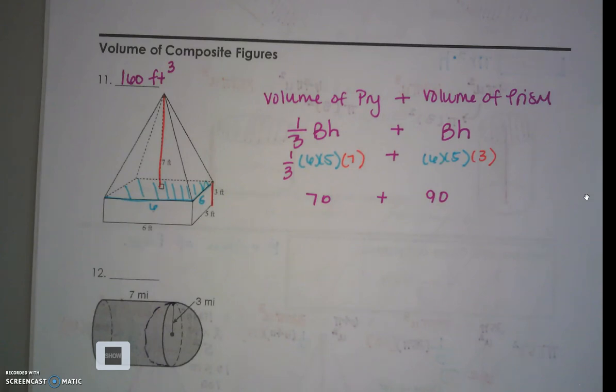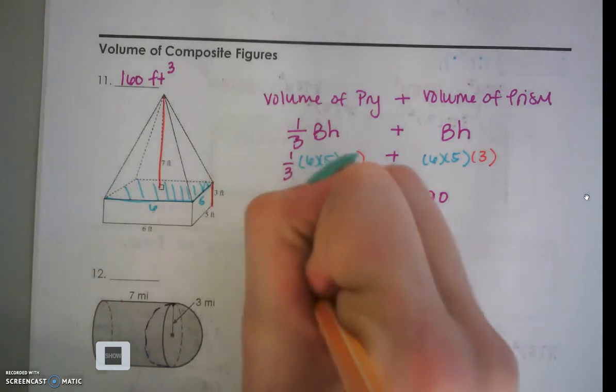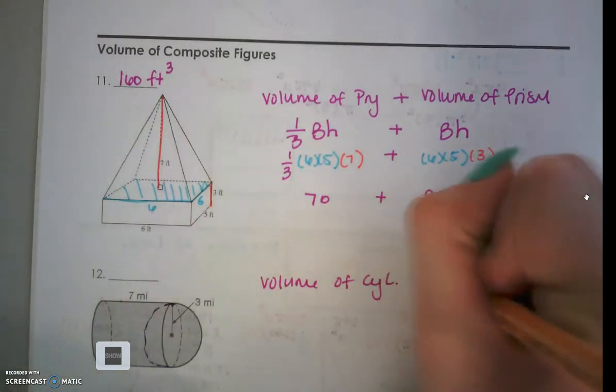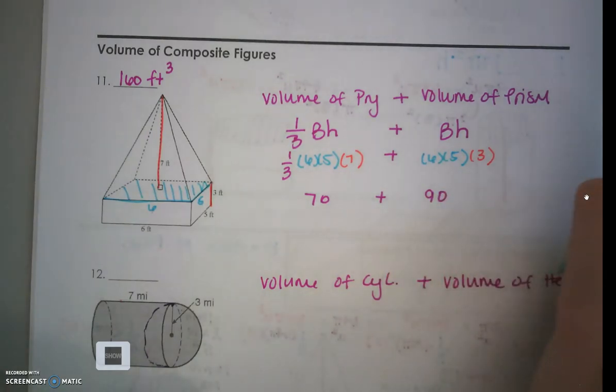It's not. So if I have half a sphere, that is called a hemisphere. So we are still going to add the volume of our cylinder plus the volume of a hemisphere.